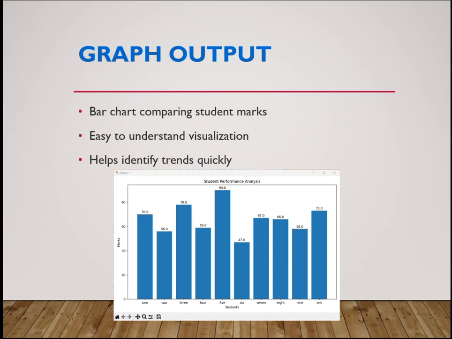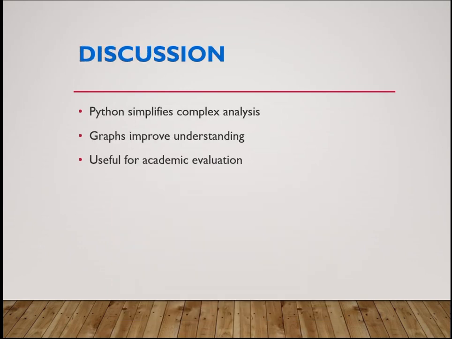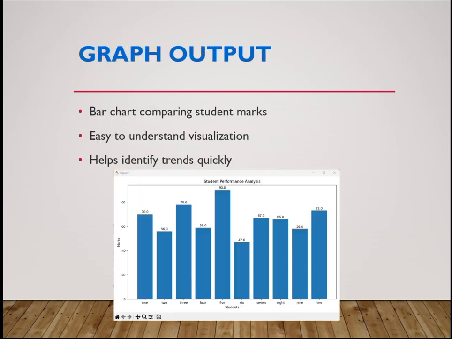So it's a bar chart comparing the student marks. This chart makes the visualization easy to understand and helps identify trends quickly. Python simplifies complex analysis, and graphs improve understanding, so with a graph like this we can better understand the student results and compare.